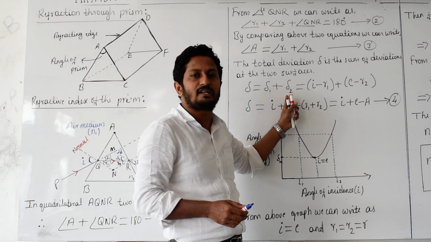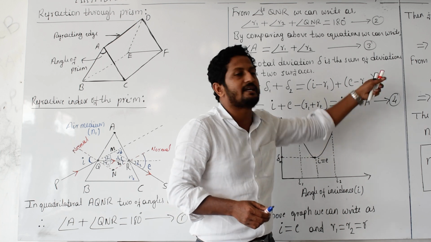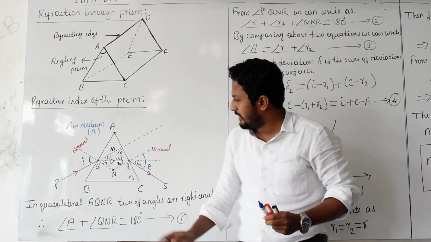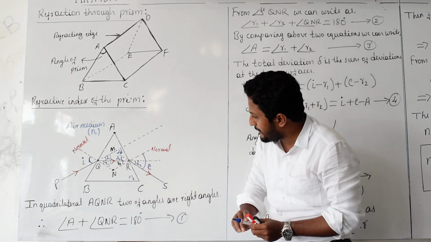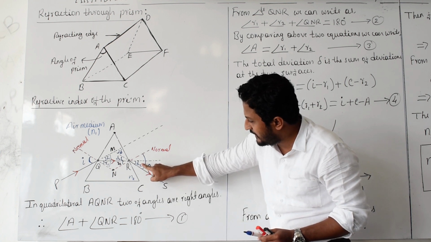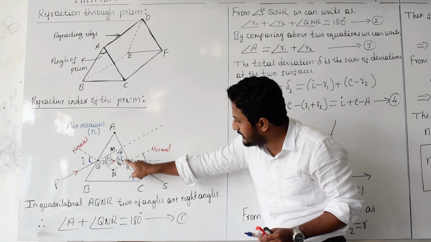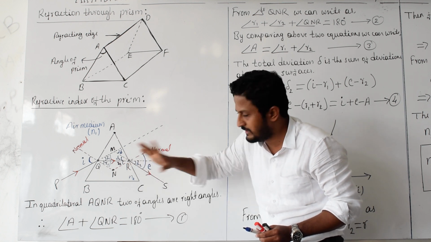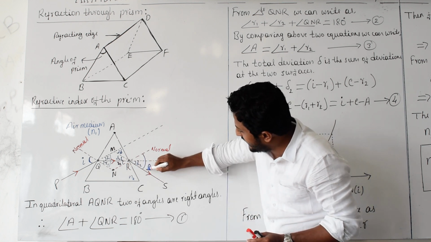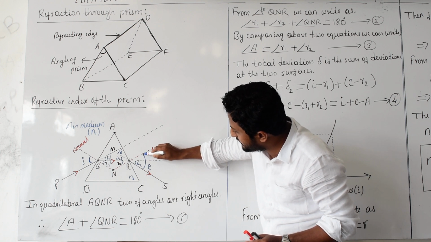Then similarly, in place of delta 2, I have written E minus R2. Why? Look on the diagram again. See here, I shifted this delta to here, vertically opposite angles. Now look, this is the angle of emergence.